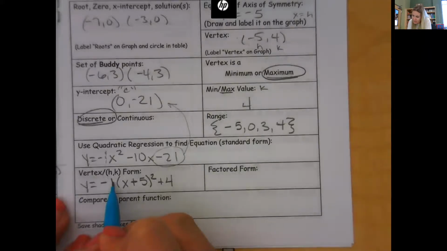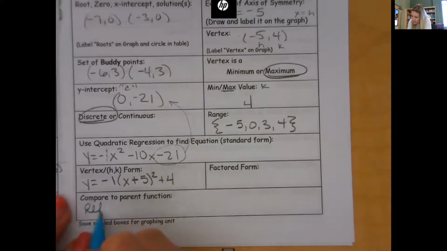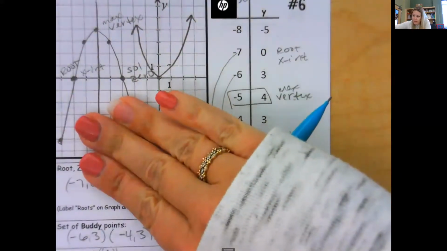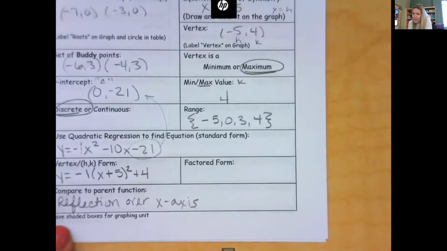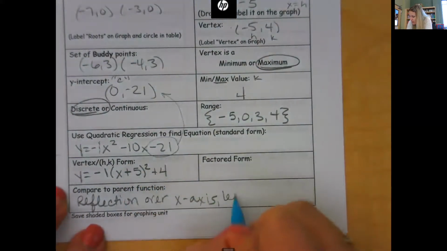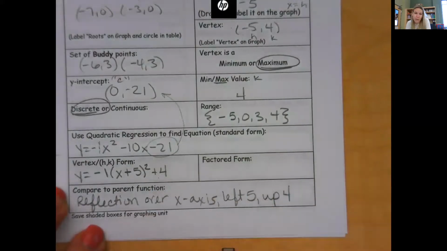Well, we talked about this earlier, so this negative is a reflection over the x-axis because remember on the parent function, we're here. It is opening up, it's concave up. So this one is reflecting over the x-axis. And then what is it doing? Well, insiders lie. So this is really left 5. k says up 4.